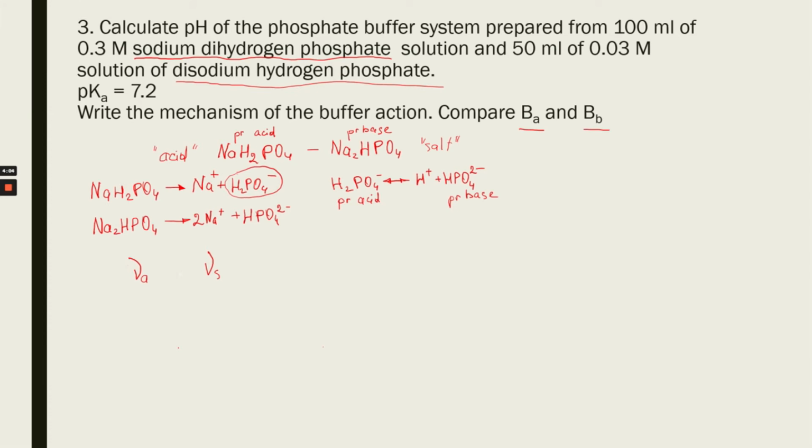So let's read in our notes. We calculated the number of moles of salt. It was 0.0015, and the number of moles of acid was 0.03. So we have more acidic component than salt component, and this component is proteolytic acid.